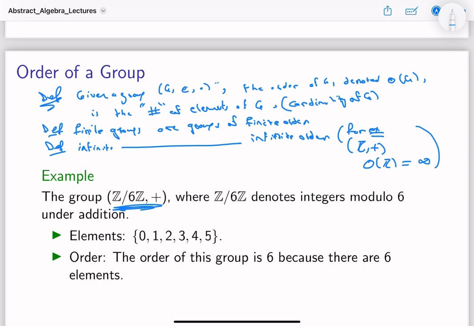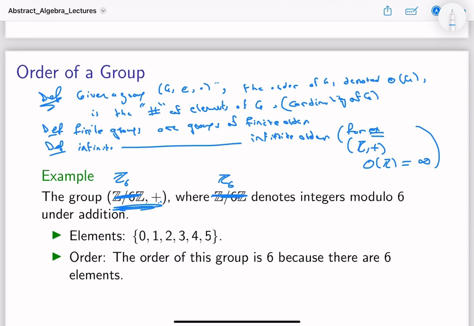So let us take an example of a finite group, right? Let's ignore, I don't want to introduce this notation now, we're going to introduce it later. So let's take Z6, though this is the same. So this is the integers modulo 6 with the addition. We just proved that Z sub n with the addition is actually a group, particularly Z sub 6 with the addition.